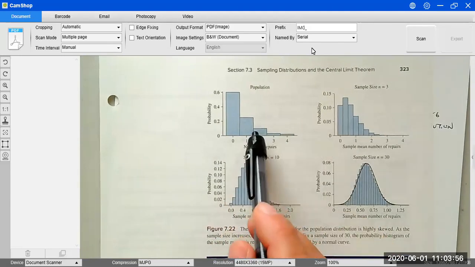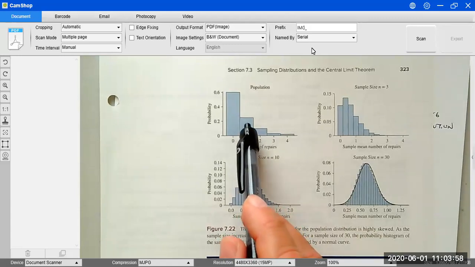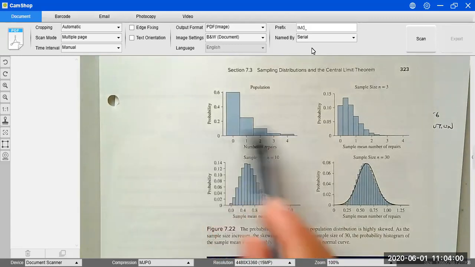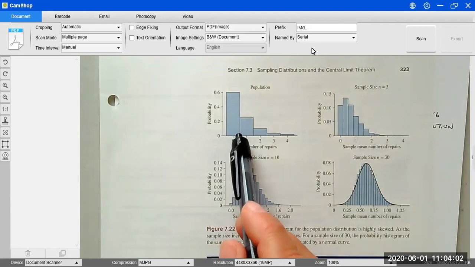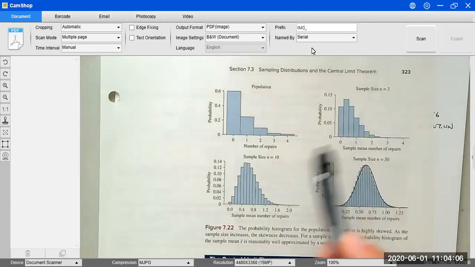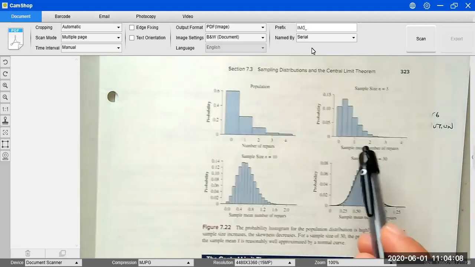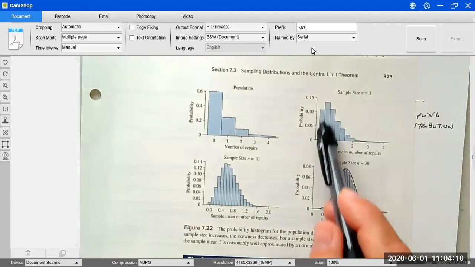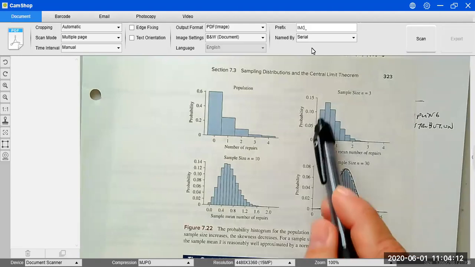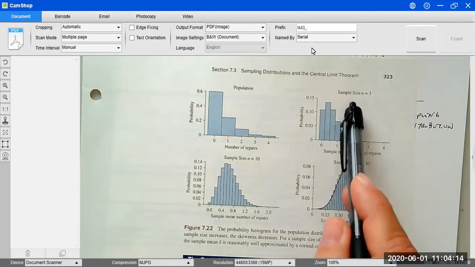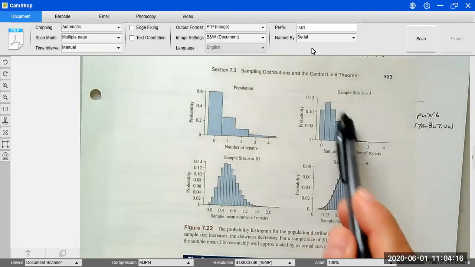For example, we collected thousands of samples of size 3, and we computed the mean for every sample. That population of means was plotted, and this is the kind of distribution that means for samples of size 3 follow.